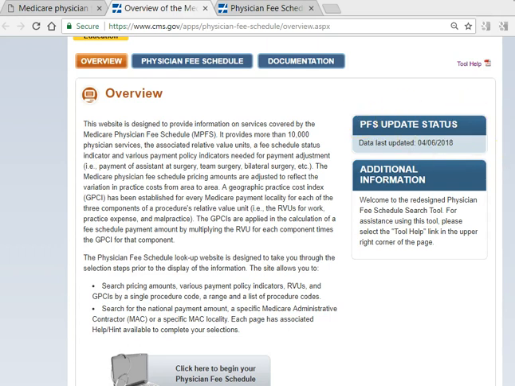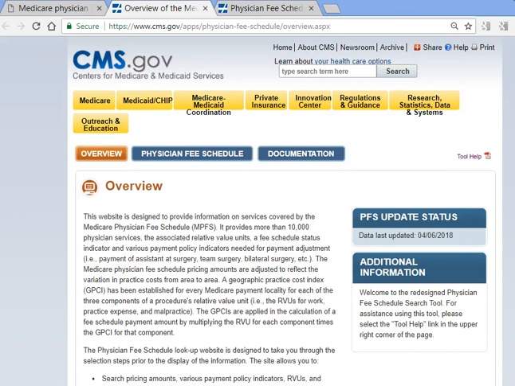So first, you should see that this is the CMS website, specifically the physician fee schedule overview.